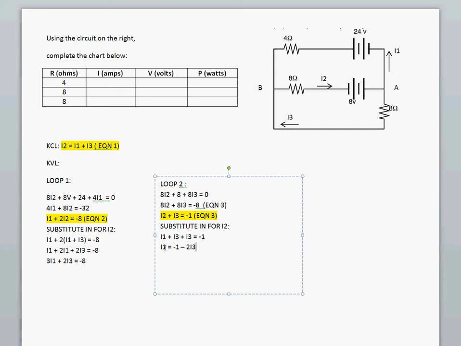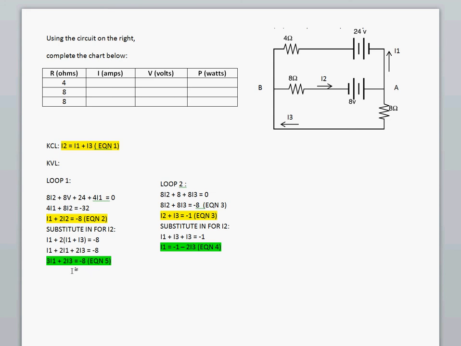I have I1 in terms of I3, and then I have the relationship on this side between I1 and I3. And I'm going to call this equation 4. And let's see, that equation 4 and this equation 5.